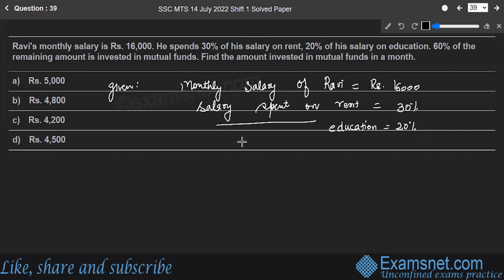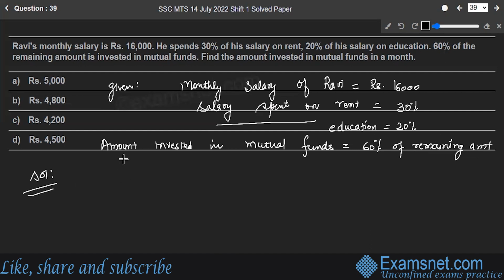Also, the amount invested in mutual funds is 60% of the remaining amount. Now let's move with the solution to the problem.